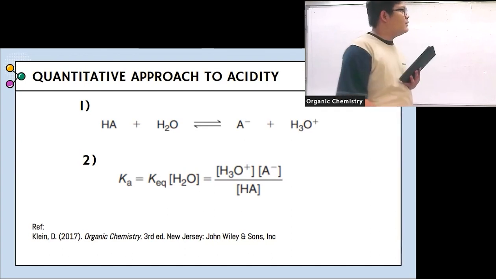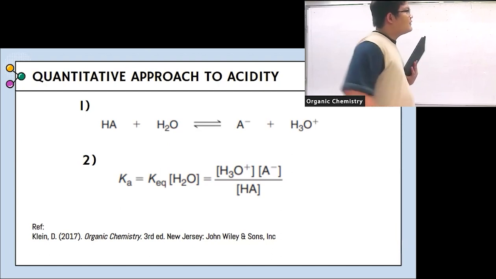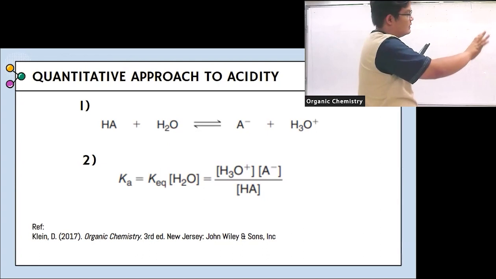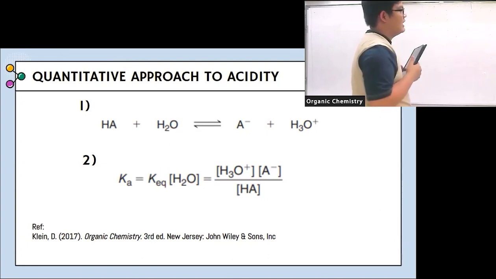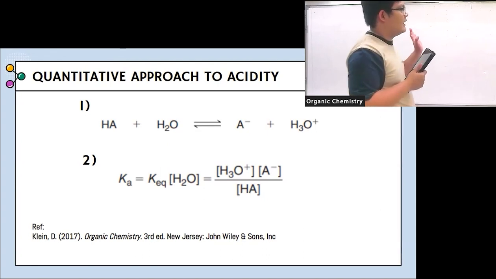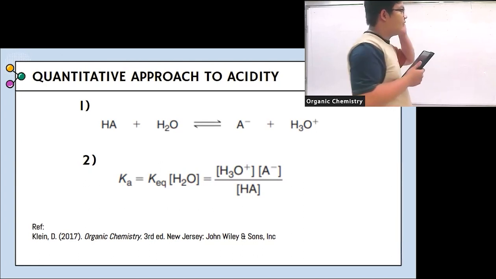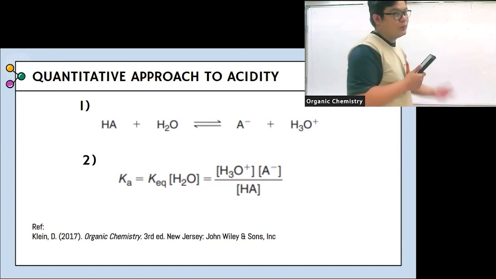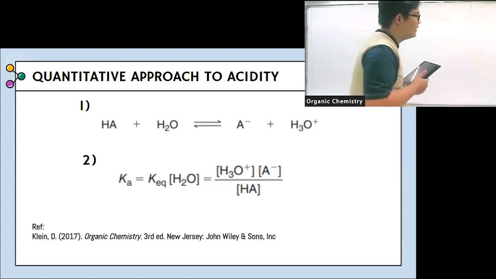Ano ba yung ibig sabihin doon? Doon sa right side ng reaction, ano yung acid? H3O+. Sa left side, ano yung acid? HA. So, ano yung base sa left side? H2O. And yung base sa right side, yung A-. So, if that's the case, pag tumataas yung concentration ng acid doon sa right side of the equation, ibig sabihin, lumalakas or tumataas yung acid strength natin.